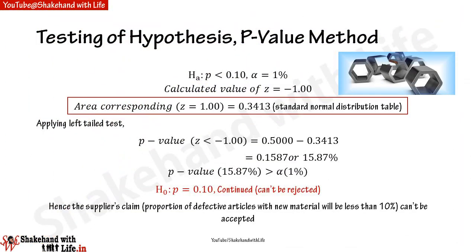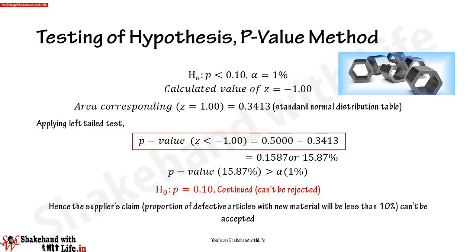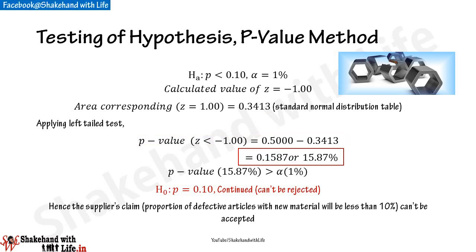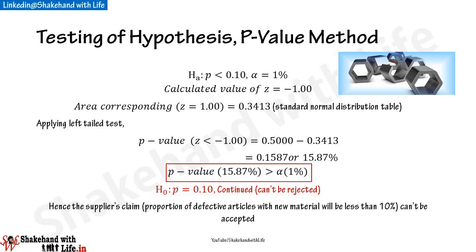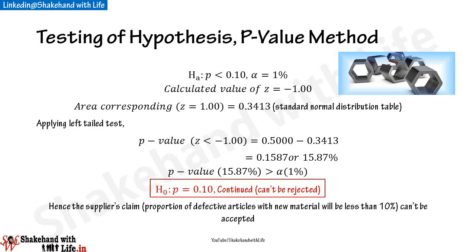Now the p-value is 0.50 minus 0.3413 equal to 0.1587 or 15.87%. And the p-value is much greater than the given significance level, which is 1%, and therefore H0 can't be rejected at 1% significance level, and hence you can conclude that the supplier's claim can't be accepted.